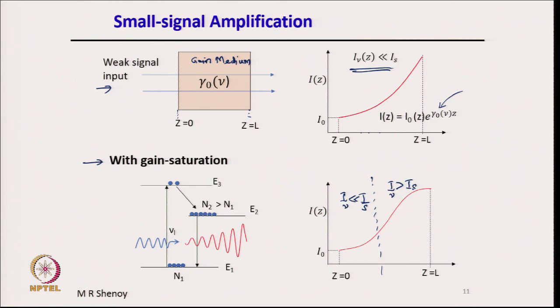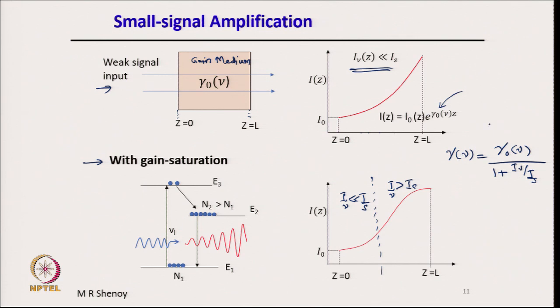That is why it starts saturating and the gain drops down, because the gain coefficient is given by gamma of nu equal to gamma 0 of nu divided by 1 plus I nu by I s, the saturation intensity. So, when I nu becomes greater than I s, in the denominator this term continuously increases: 1 plus 2, 1 plus 3, 1 plus 4 and so on.